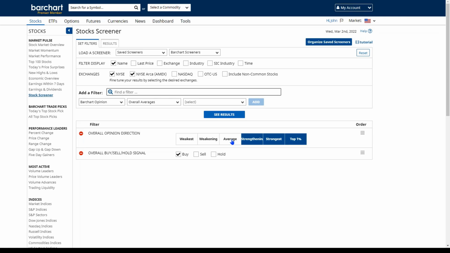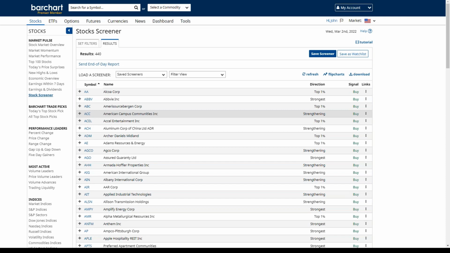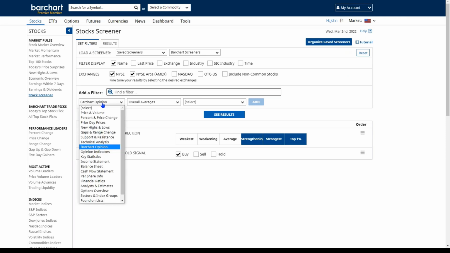But again, for demonstration purposes, we're just going to concentrate on those that are strengthening or at the strongest level. And if I do that, notice we get over 400 results. That's too many to filter through. So let's just add one simple filter. And one of the coolest filters that we can add in any technical analysis is volume.